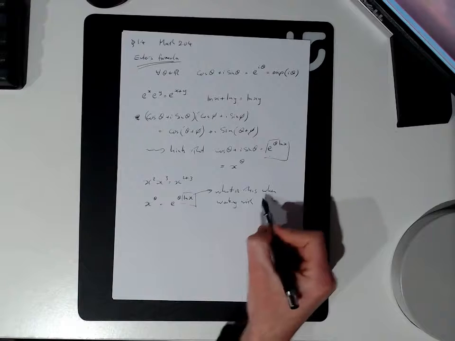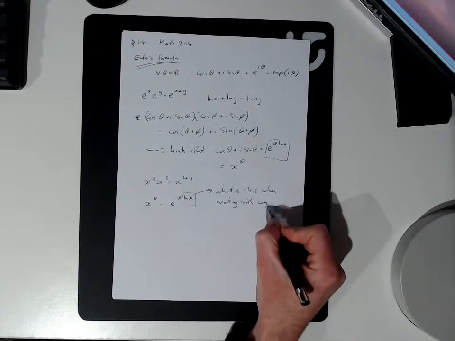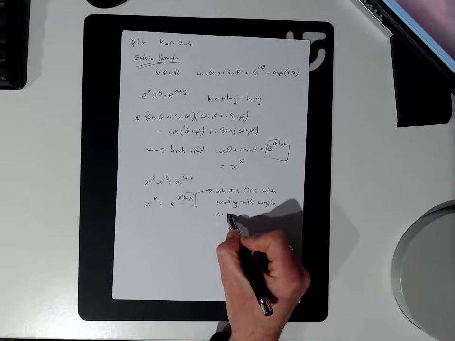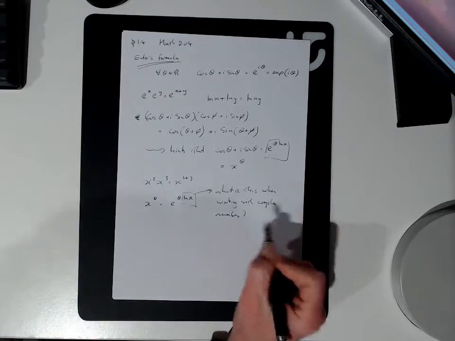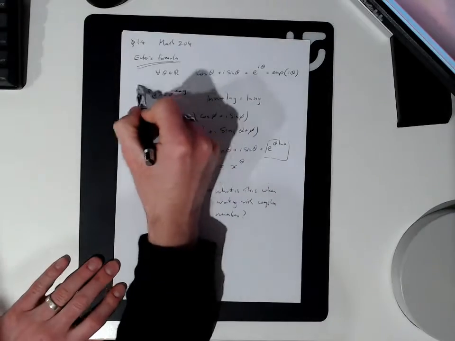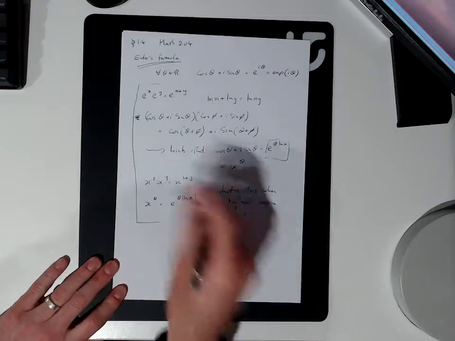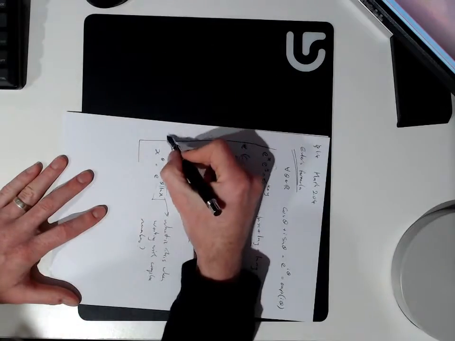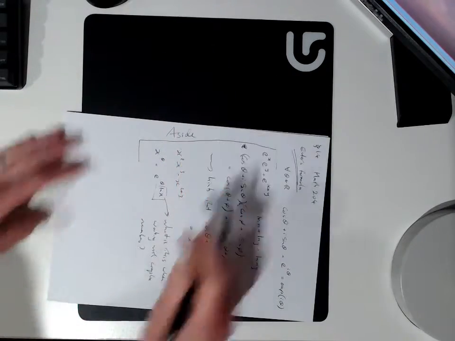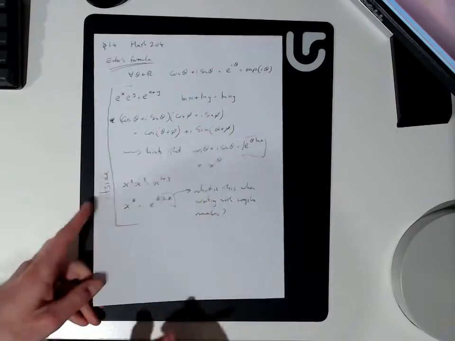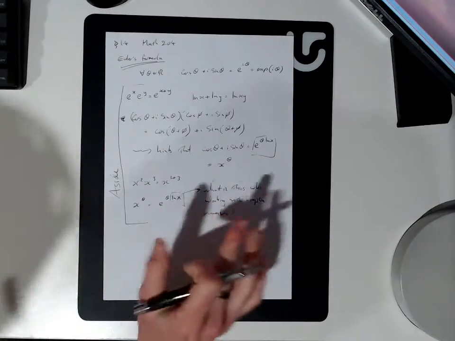So what is the ln x when working with complex numbers? Right, so that's an aside to provide some context, and that kind of summarizes the motivation that's provided in the notes, which is pretty good.